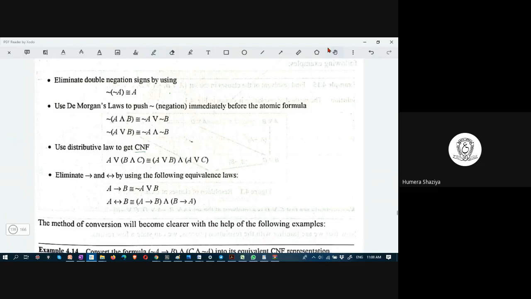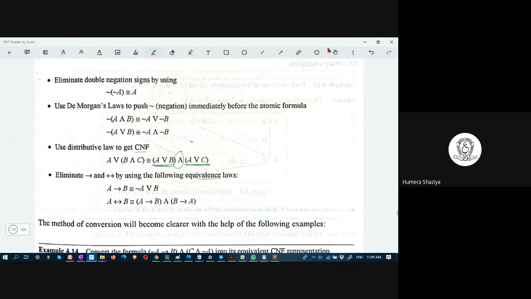A or B and C means A or B is one clause, A or C is another clause. And here we get this and. Therefore, it is in conjunctive normal form. Implies and equivalence can be eliminated by using the equivalence law.